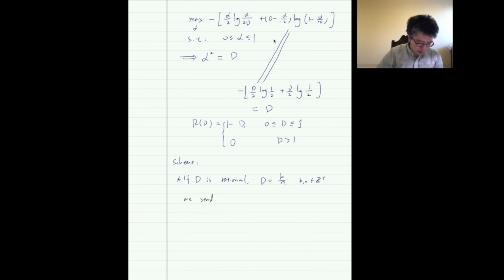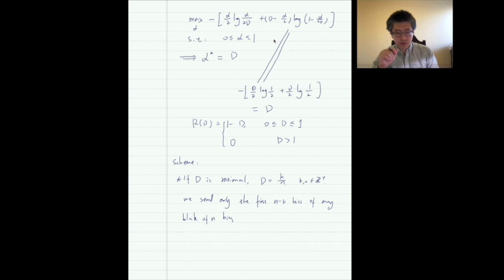We can send only the first n minus k bits of any log of n bits. Okay, for the first n minus k bits, we just send them, and then we send the rest k as e's.